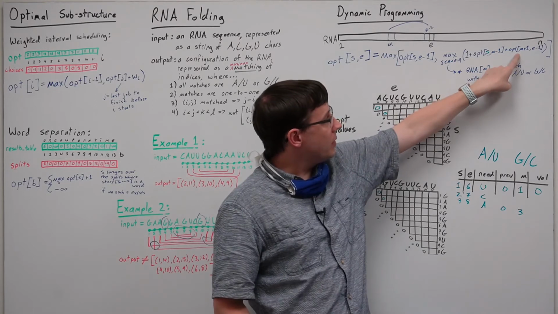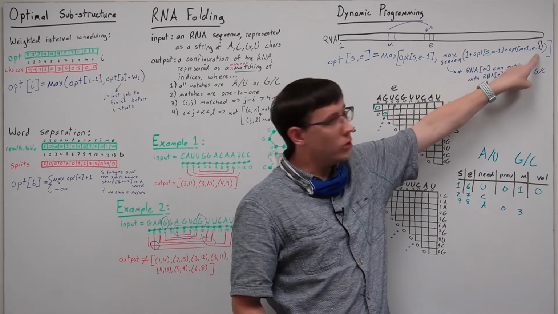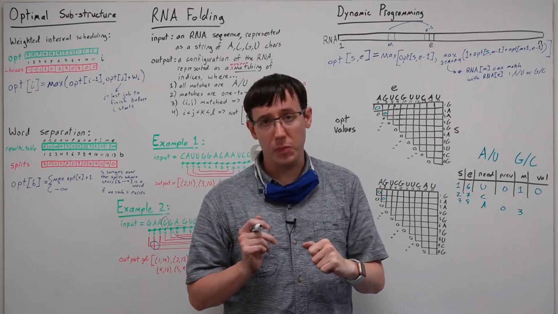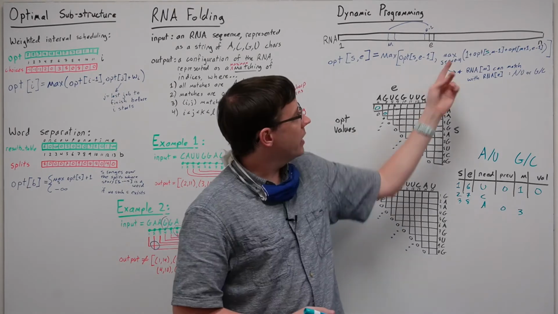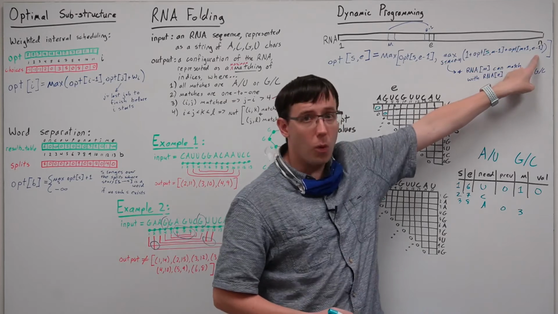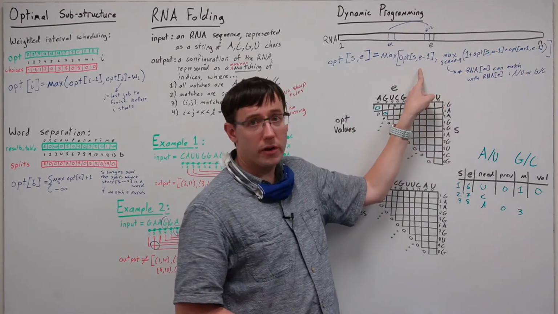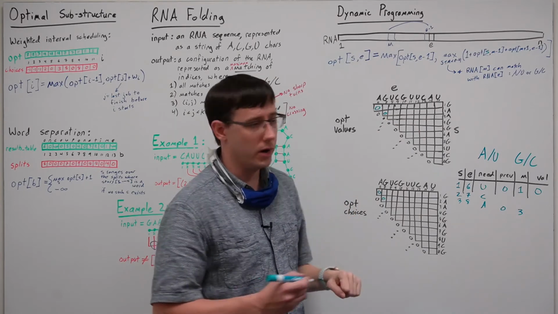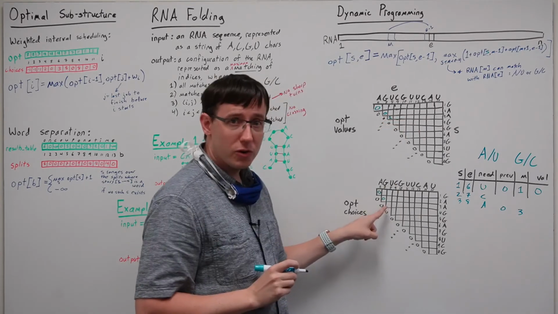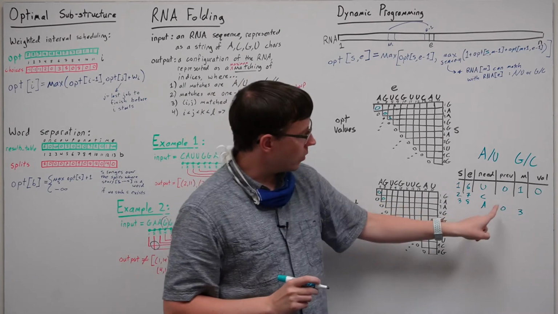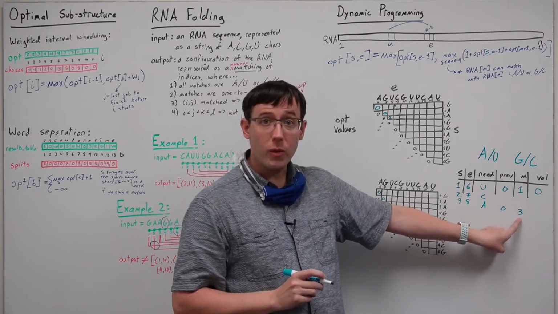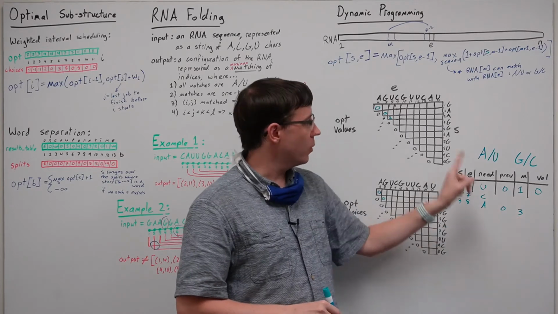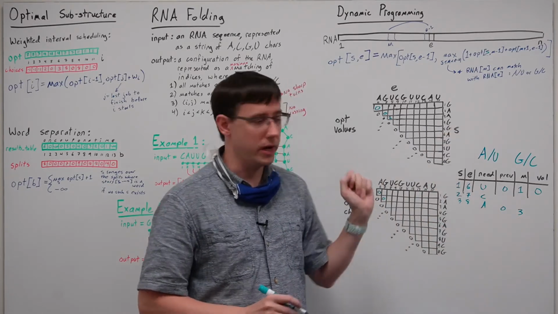And we look at the optimal from 4 to 7, and since 4 to 7 is too close for any pairs, that's also 0. And so we get a total of 1 here, which is better than our previous of 0. So we fill it into our opt array. And in our choices array, we record the thing that we paired E with to get that optimal value, which was our M index of 3.